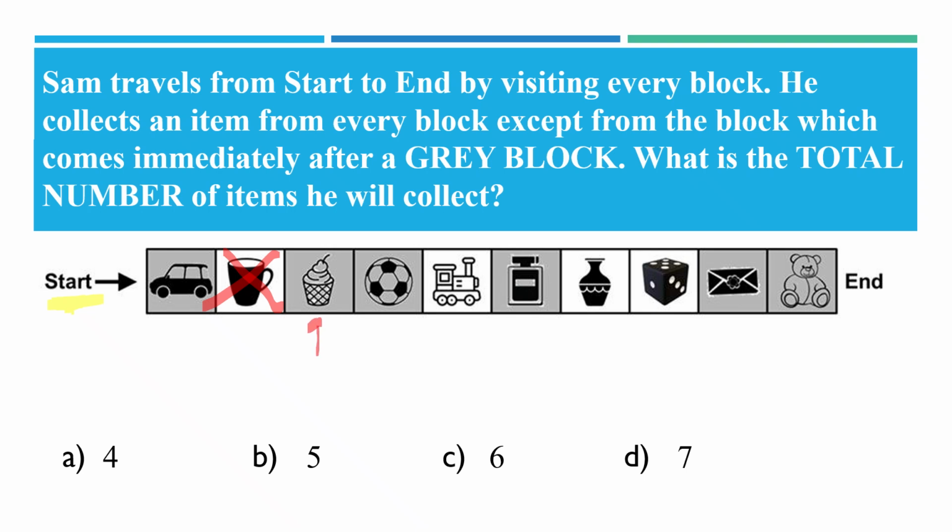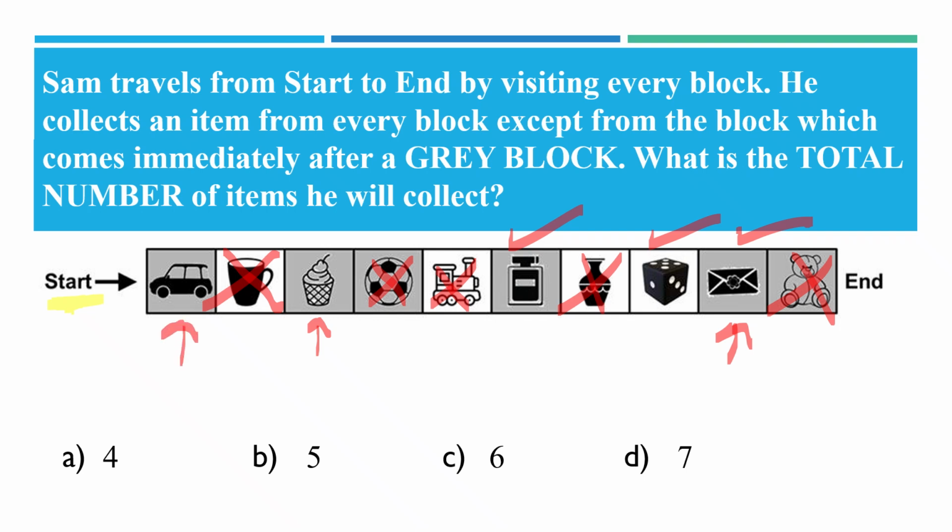Again, there is a gray, so this won't be selected. And this is immediately after the gray, so this won't be selected. And this is selected. This is immediately after the gray. And this may be selected. And this obviously yes. And this is gray, so the next one is not.